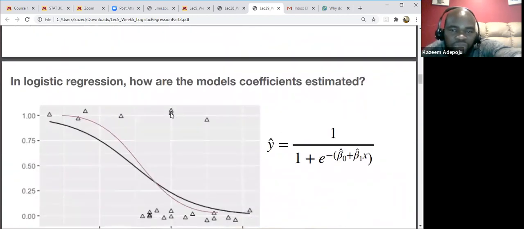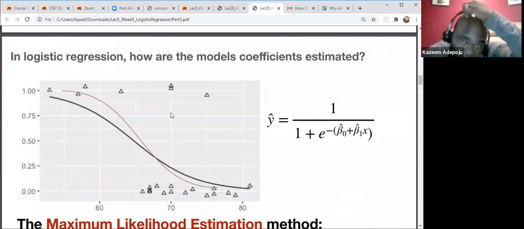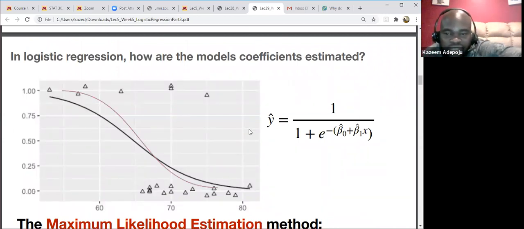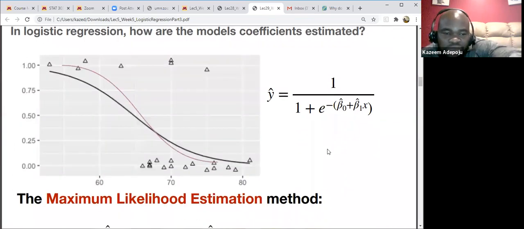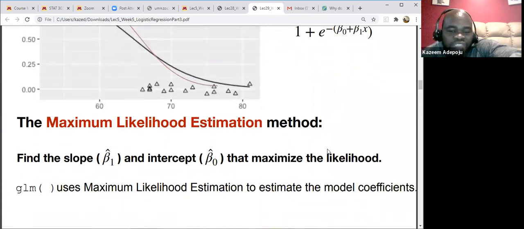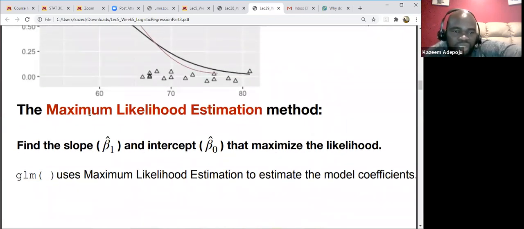But in the case of logistic regression, the question now is, how are the model coefficients, that is the beta naught and the beta 1, estimated? The way they are estimated, we're going to use what we call the method of maximum likelihood, the maximum likelihood estimation method.